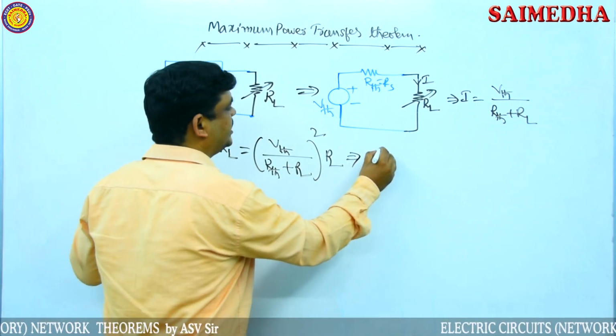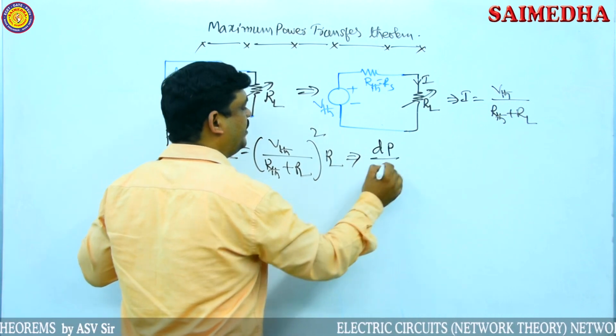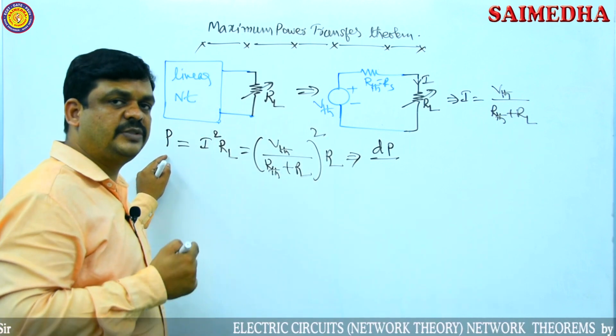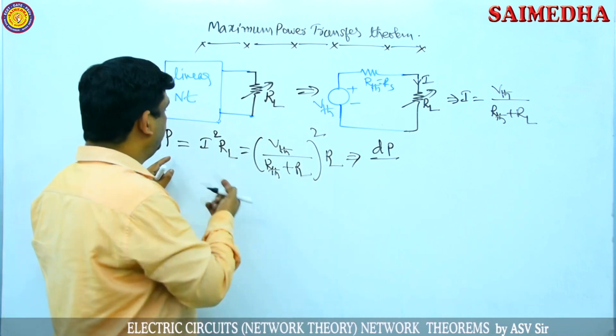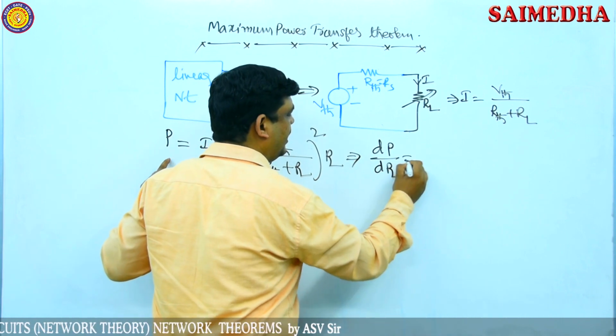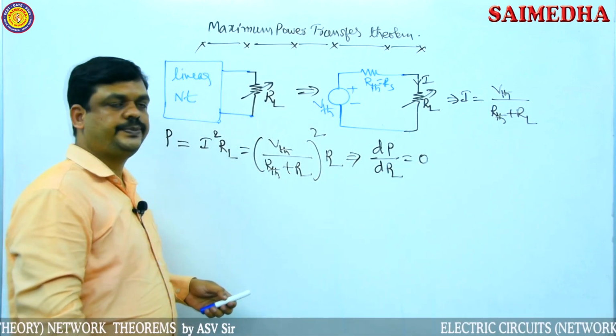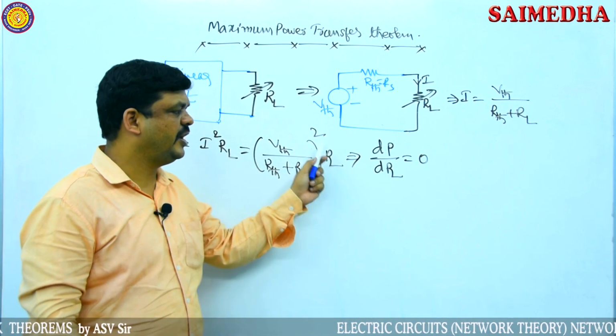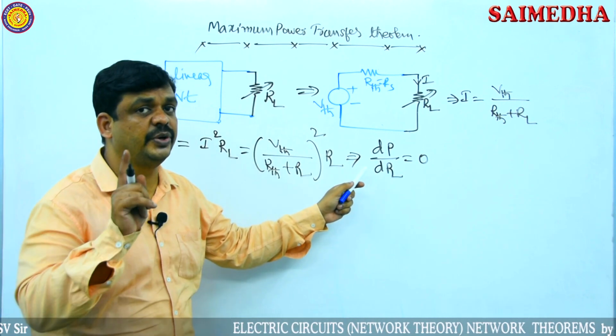Differentiating this power with respect to load resistance RL and setting it equal to 0 gives the maximum power condition.